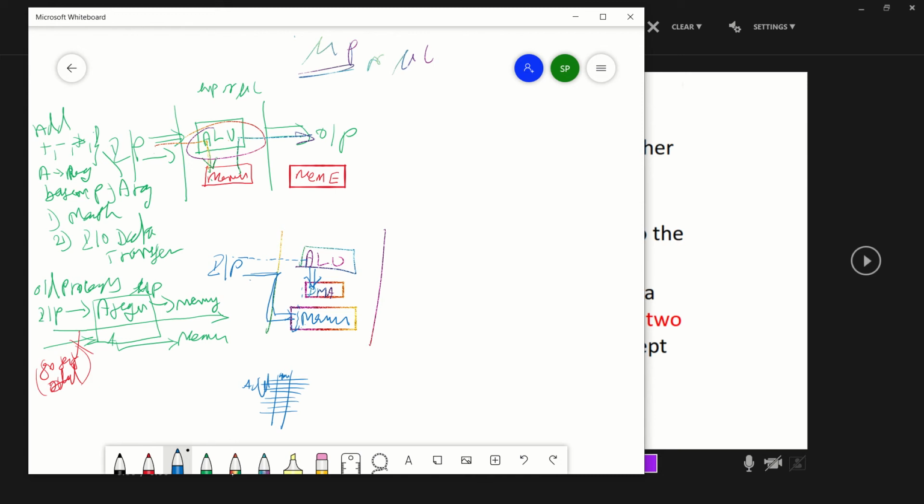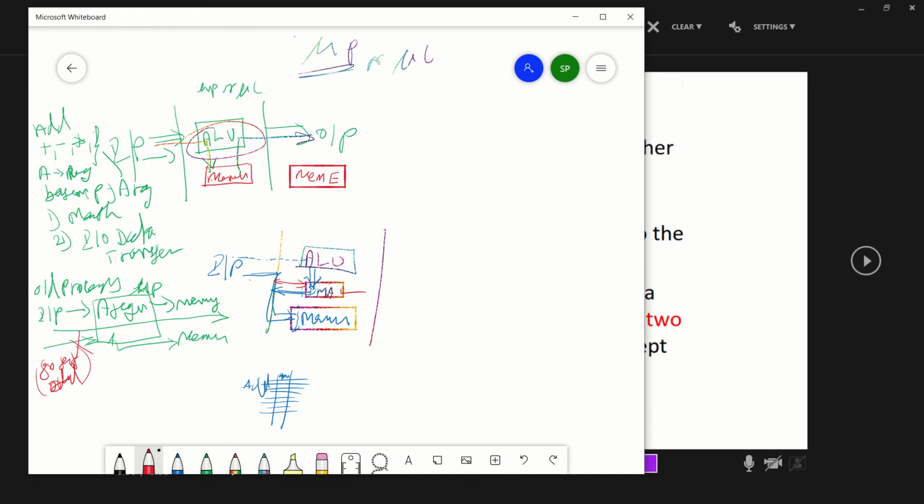This transferring action will be controlled by the device, that is called DMA, direct memory accessing. Okay, so this is the process.